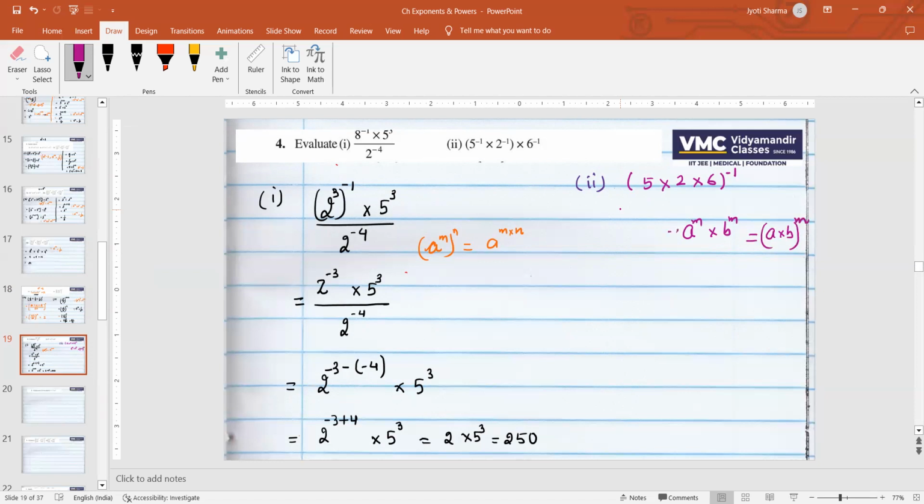Then this will become 60 raised to the power minus 1. So this is 1 upon 60, because the negative power will be changed into positive power when we do the reciprocal of the base.